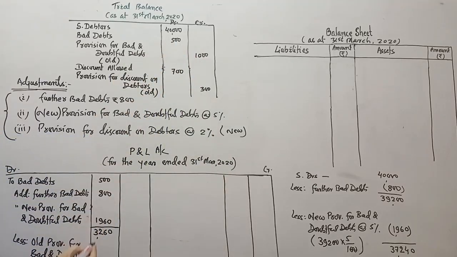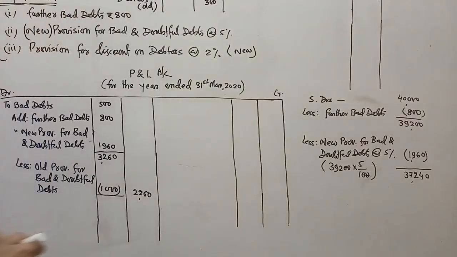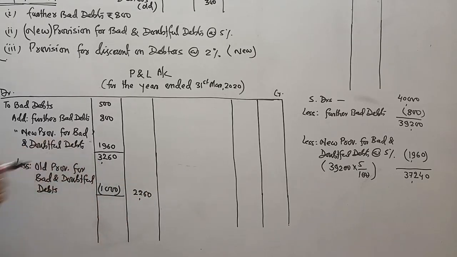Inside the trial balance, that is 1,000. You deduct it, and after deduction, you write the final amount in the outer column, 2,260. Is it clear? So write the figure in the outer column after deduction of old provision for bad and doubtful debts.